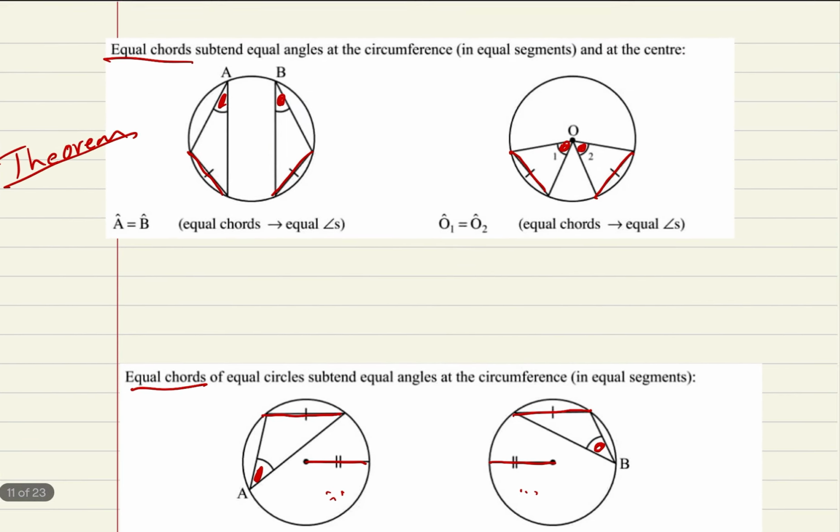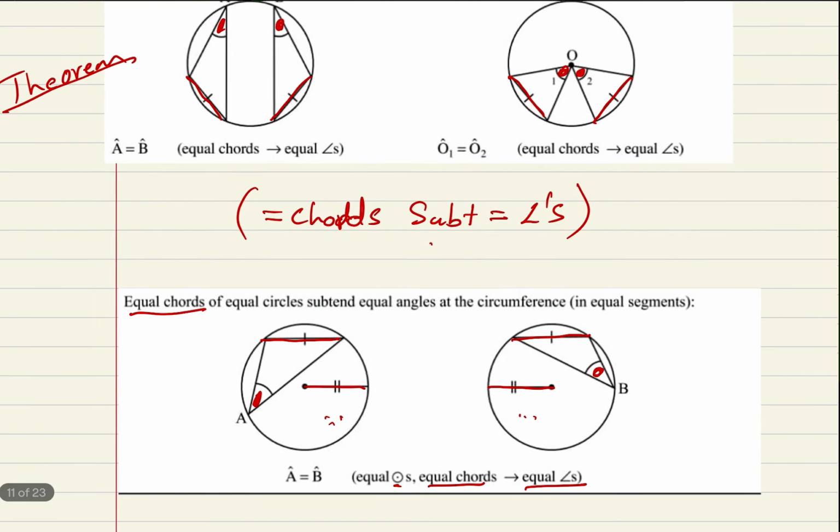So this is the theorem. Equal chords subtend equal angles. That's the reason. Equal chords subtend equal angles. That is very important for us.